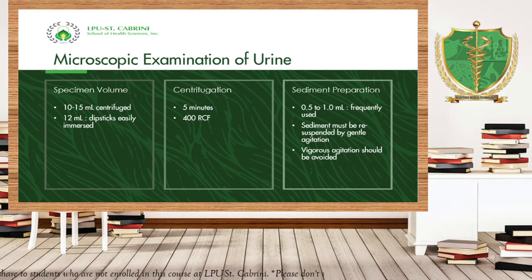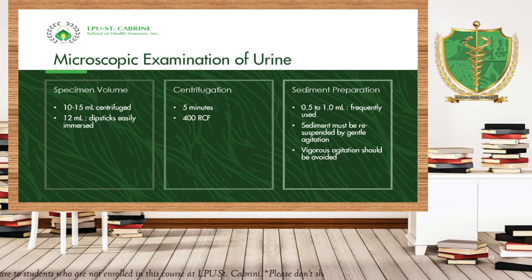Now, how about for the specimen volume? It is recommended to centrifuge at least 10 to 15 ml of urine. Okay? And at least 12 ml of urine is recommended for the urine reagent strip. Bakit?